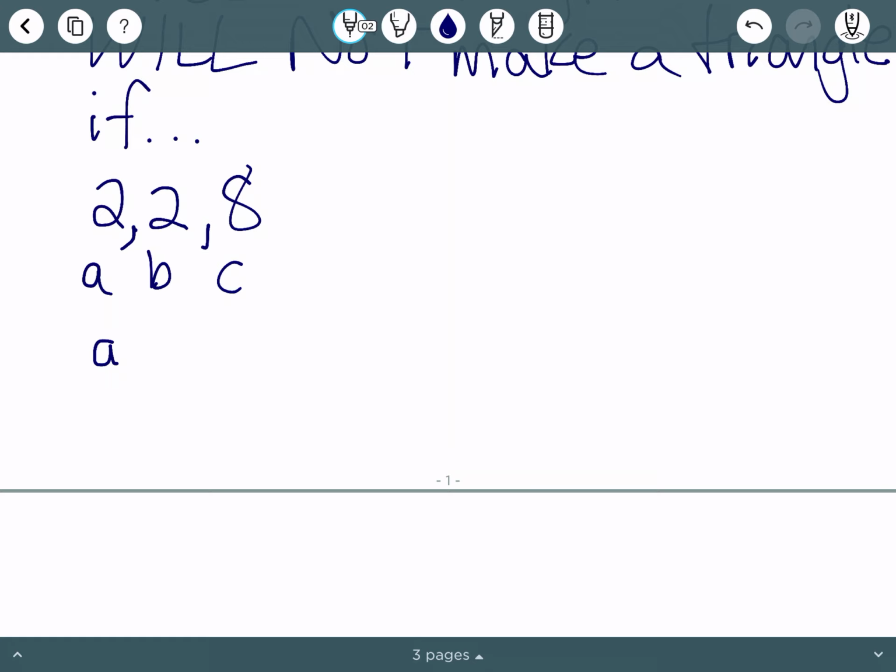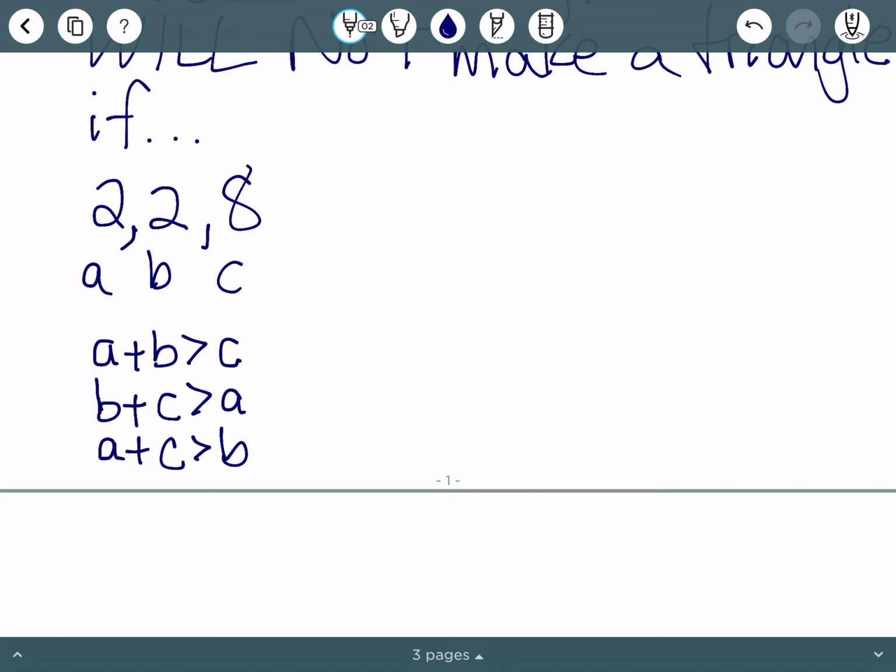In order to have a triangle, any two sides must be greater than the third side. So A plus B would have to be greater than C. B plus C would have to be greater than A. And A plus C would have to be greater than B.